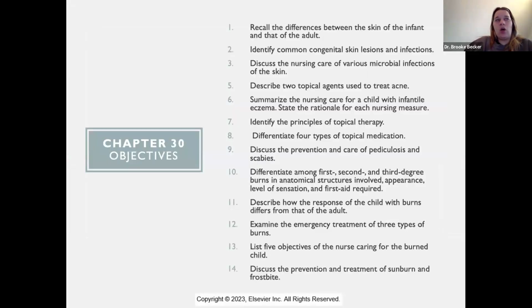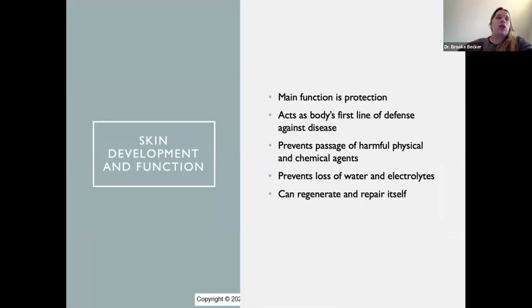Okay, so chapter 30, skin conditions. Know these terms, okay? Help these objectives kind of guide your studying, okay? Okay, so the main function of skin, this is your first line of defense, so is protection, right, from outside pathogens or chemicals or harmful agents.